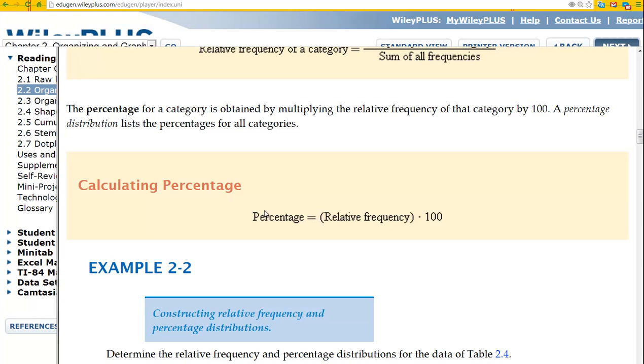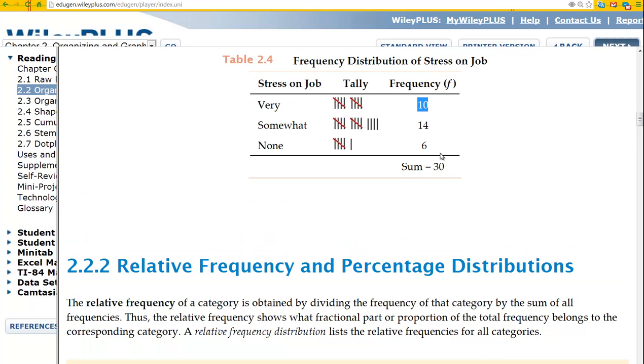Okay, so the percentage is the relative frequency times 100, of course, right? So if for example, here I said this was 6 out of 30, so that's 0.20, and usually we call that 20%, so we have to multiply 0.20 by 100 to get 20, right?